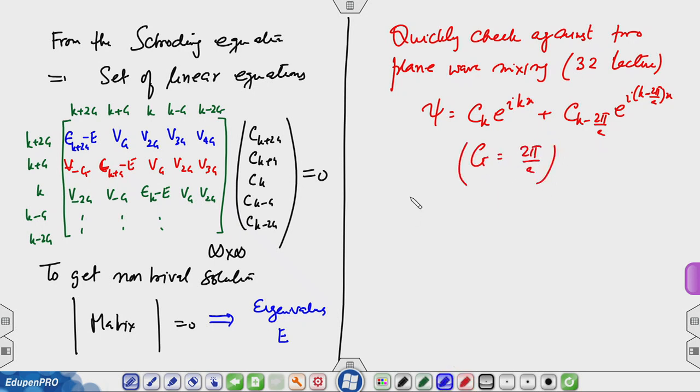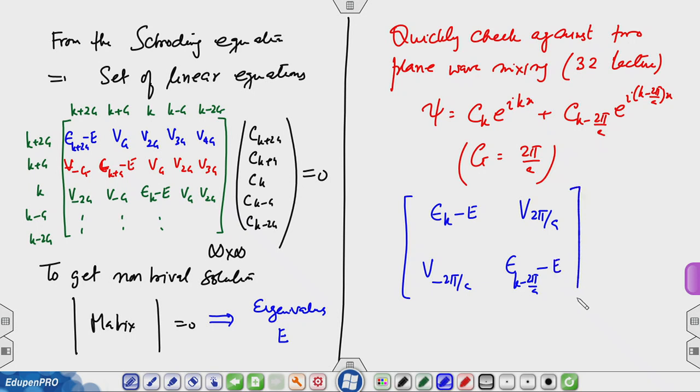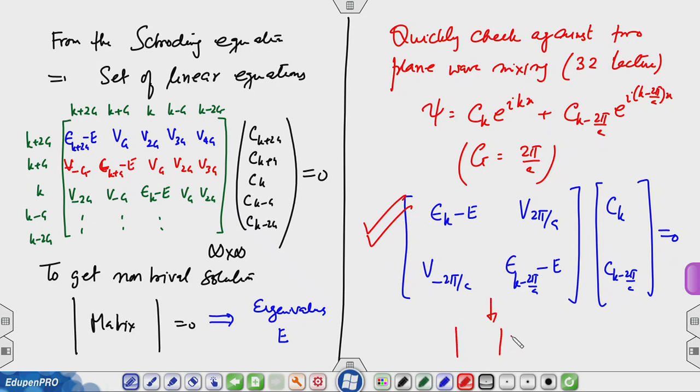In this case, the matrix would be epsilon k minus E, V of 2 pi by a, V of minus 2 pi by a, epsilon of k minus 2 pi by a minus E, multiplying C k and C of k minus 2 pi by a, equals 0. So, this checks, and this determinant equals 0 gives E, and this is precisely what we did last time. So, this whole thing checks.